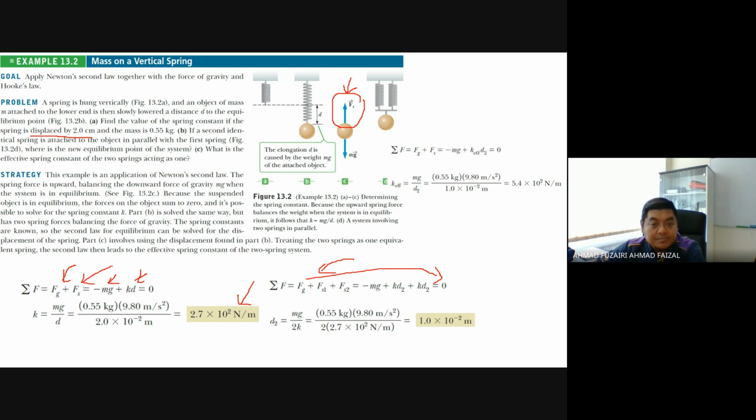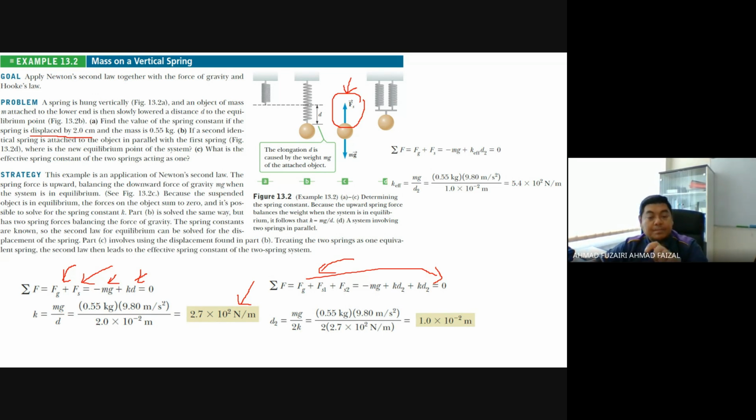But remember, there is another spring attached to the first spring, parallel, or side by side. So right now we need to figure out the new equilibrium position, that means the new d or new compression that can make the situation an equilibrium position.